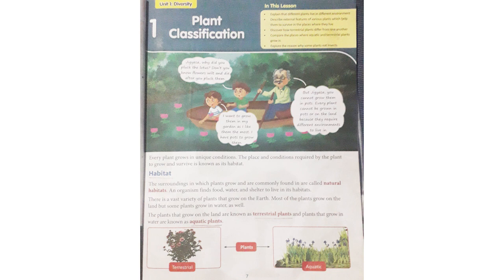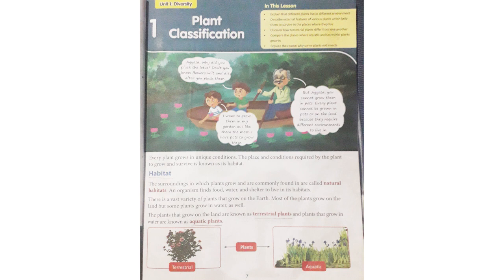Terrestrial plants are those plants which grow on land. Mainly the plants we see near our houses are terrestrial plants because they grow on land. Next is aquatic plants. Plants that grow in water, like lotus and water lily, are known as aquatic plants.